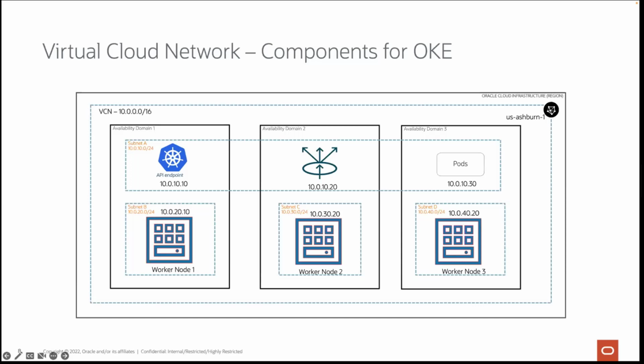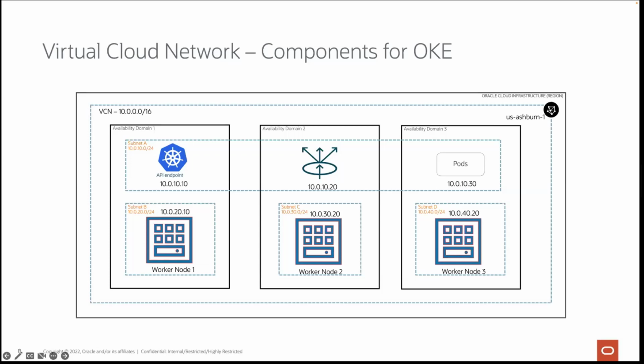Subnets can be deployed either inside a specific availability domain or across the entire region, all 3 availability domains in this example. So a VCN spans the whole region, and so can the subnets. Subnets use an IP address block that is a subset of the original VCN CIDR block range.